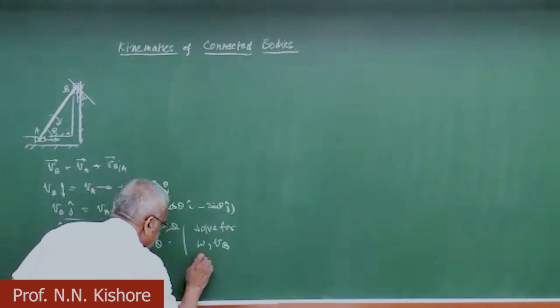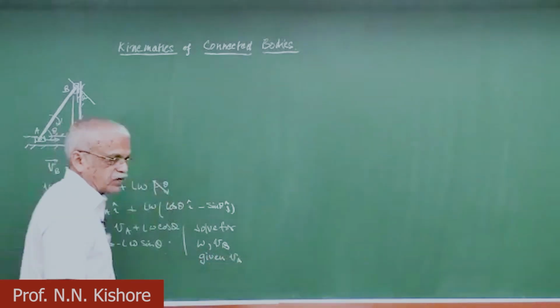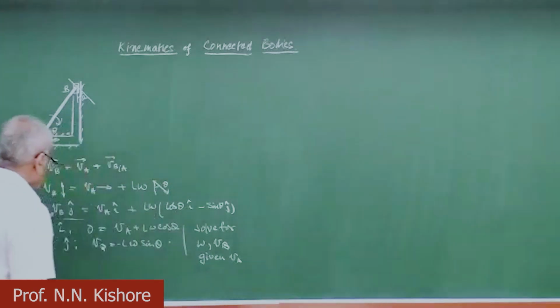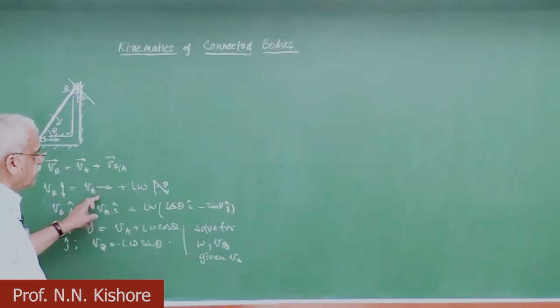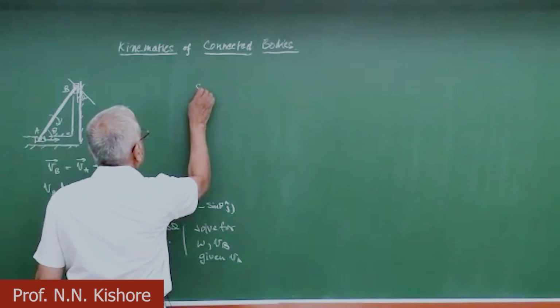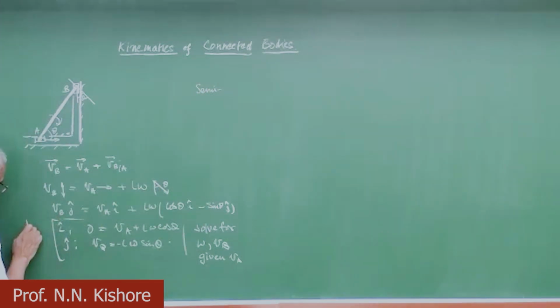So that's understandable. This is what we have done in terms of i, j, or you can also write this relationship in a semi-graphical manner. This is the vector algebra approach.